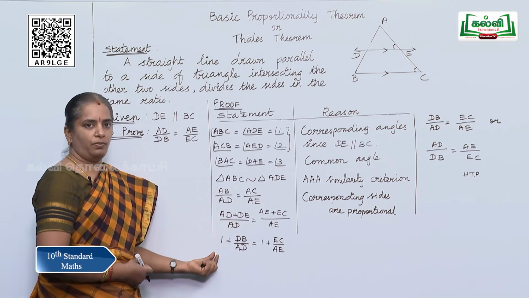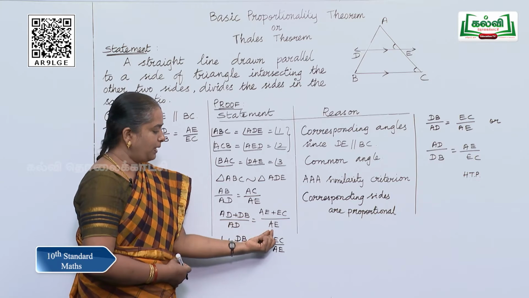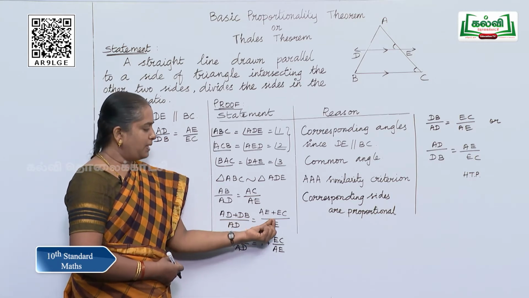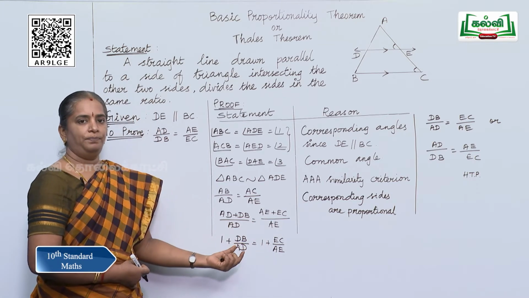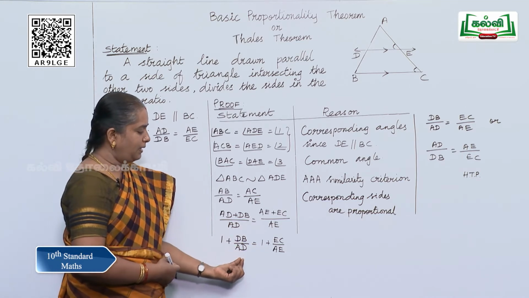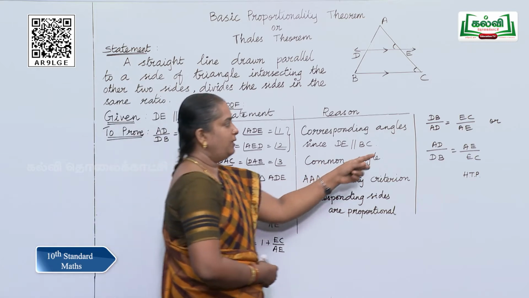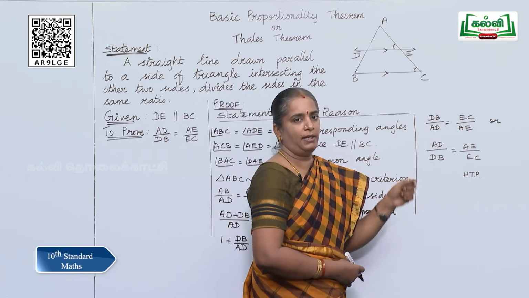AD by AD becomes 1, AE by AE becomes 1. Then subtracting 1 both sides, we get DB by AD is equal to EC by AE.